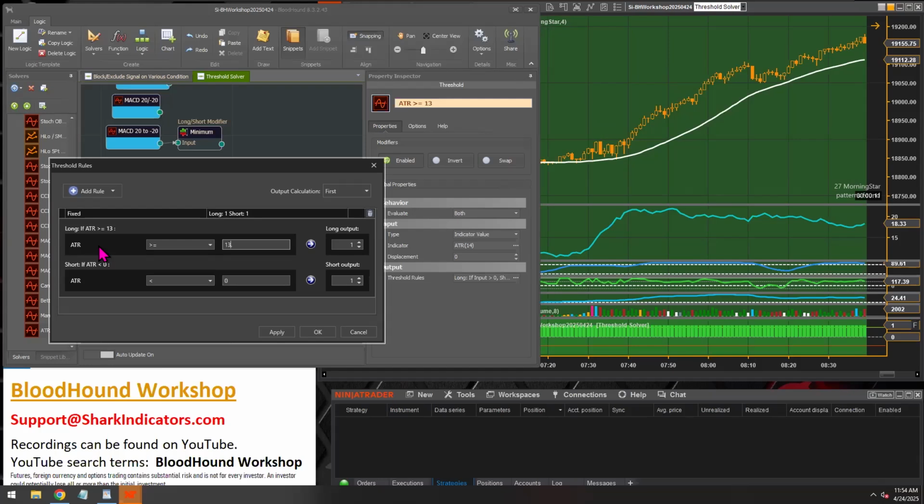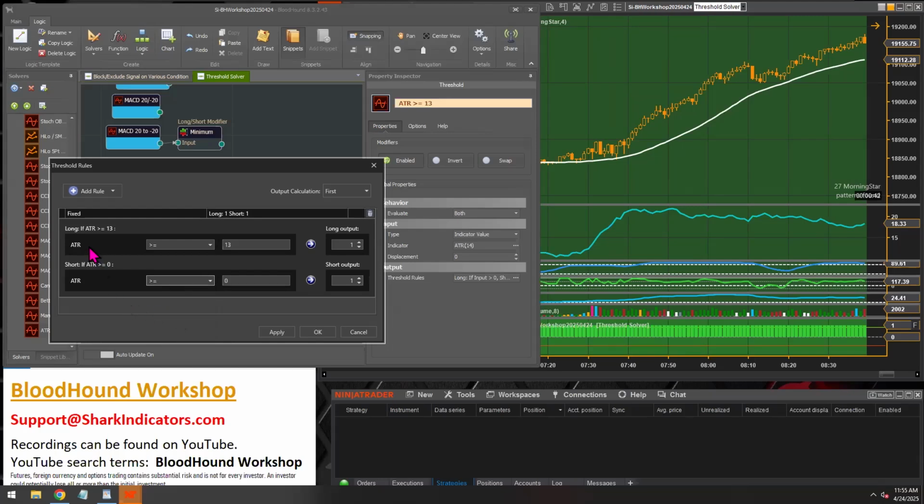Now, the uniqueness of looking at the ATR, why it's subtly different here, is that the ATR doesn't pick a trend direction. The ATR has no knowledge of the market trend. It's just looking at volatility. Same thing with volume. Volume doesn't tell you what direction the market's going. It's just how much trading is going on.